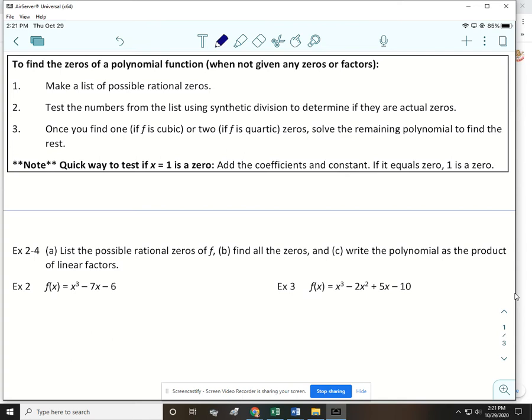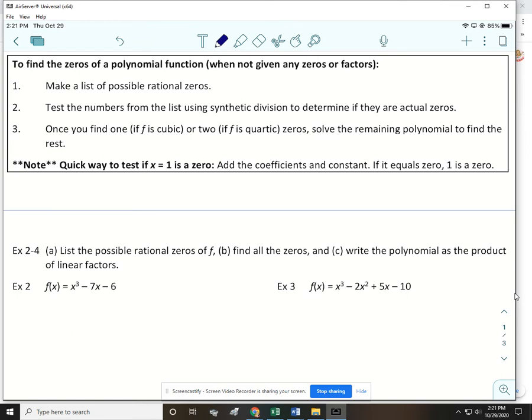So the first thing we'll do is make a list of the possible rational zeros. Then we're going to test those numbers from the list using synthetic division to determine if they're actual zeros. If they are an actual zero, you should get 0 as your remainder, and then you can use that as one of your answers.